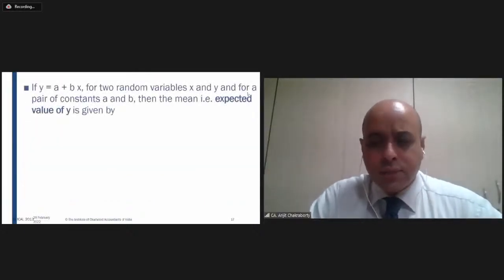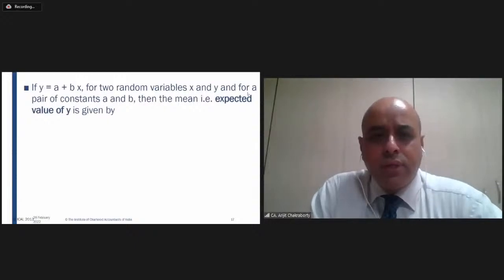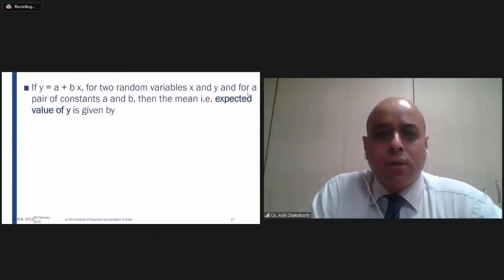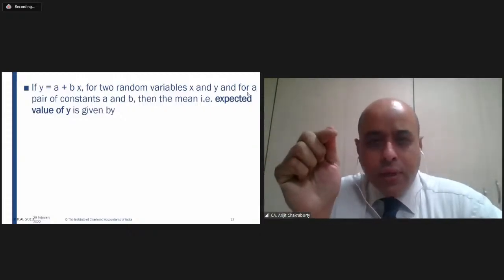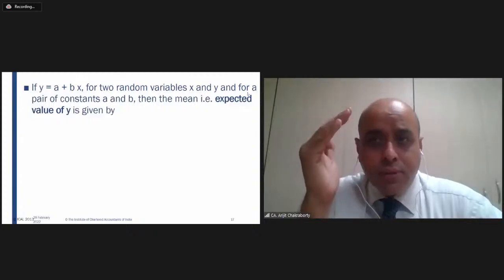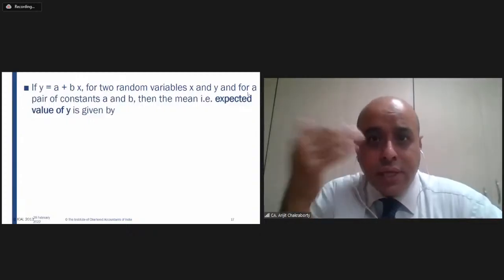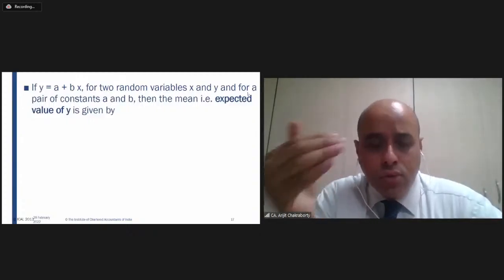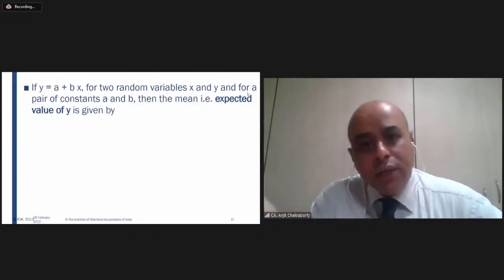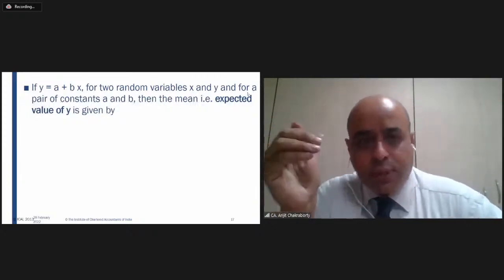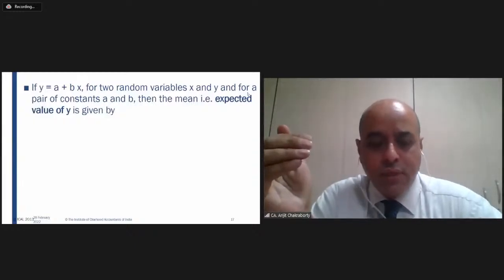Now, the last important point. You remember we did the same when we discussed the measures of dispersion. Like in the last chapter, if you are given the range of x, and you know the relation y equal to a plus bx, then what will be the range of y? Similarly, in this chapter also, the same concept is there.